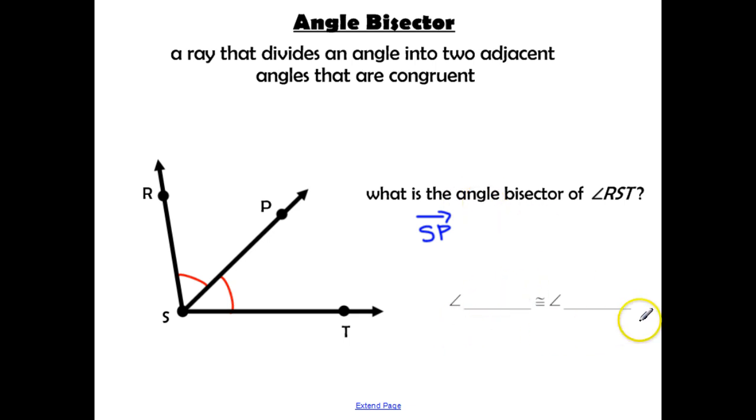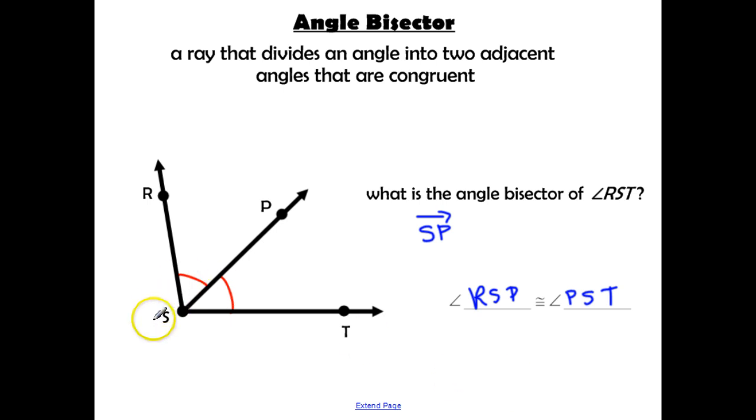Now, we're going to fill in the blank here. Angle blank is congruent to angle blank. So that bisector cuts us into two congruent angles. So the first one, angle RSP, is congruent to angle PST. Now, again, let me highlight when we first talked about how to name angles.